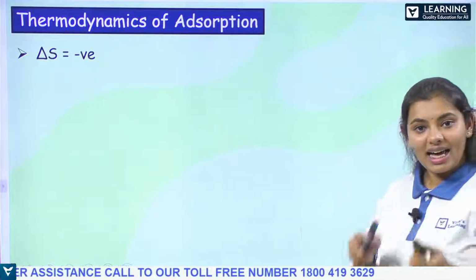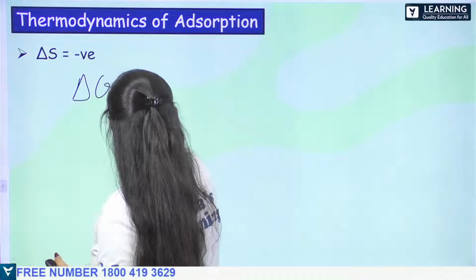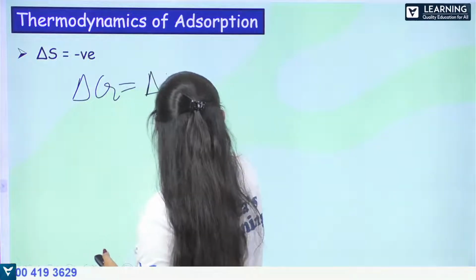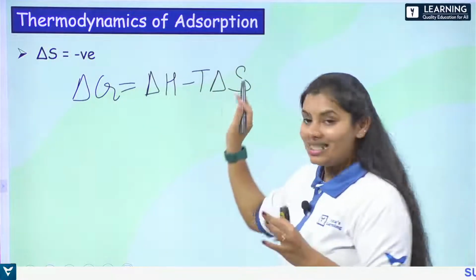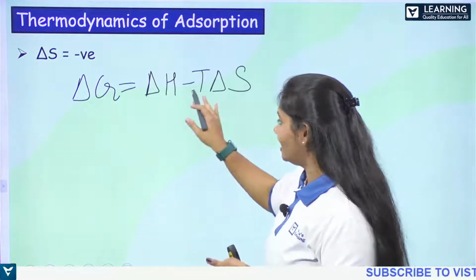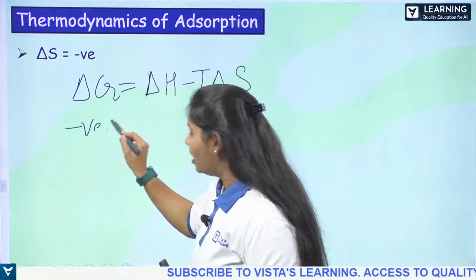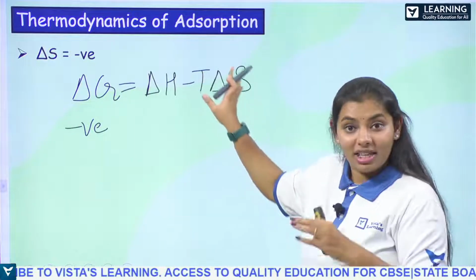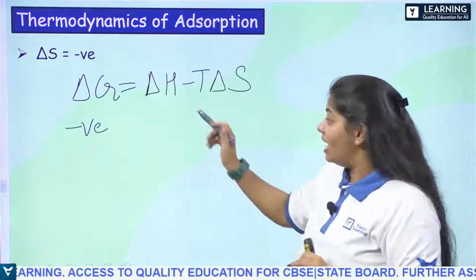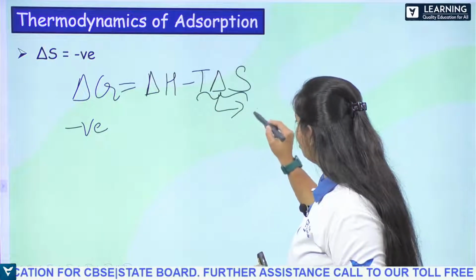Once this delta S is negative in nature, you can see this negative and negative becomes positive. We basically want delta G to be negative. In order to make sure delta G is negative, this delta T delta S term should be less negative and delta H should be more negative.